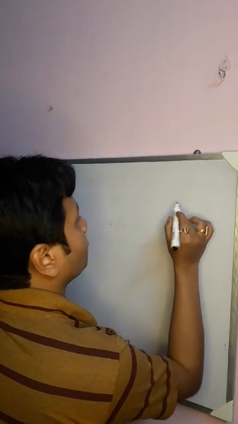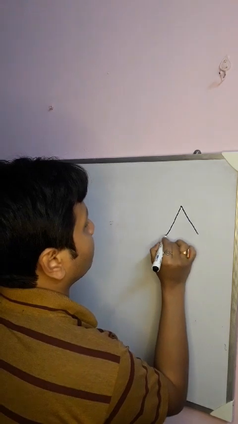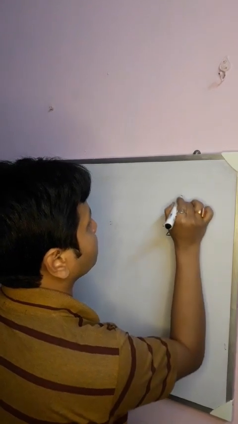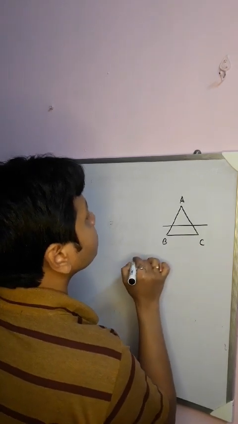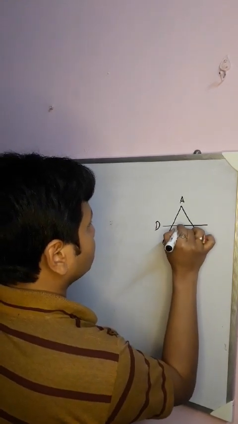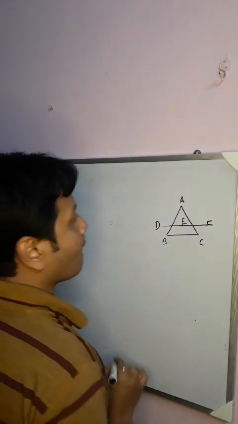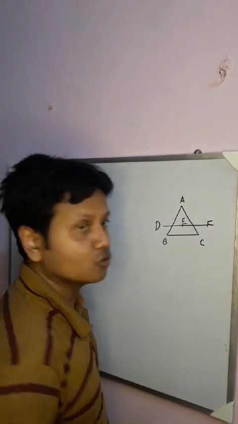Now another axis, that is about an axis passing through the center of gravity and parallel to one side. Say this is DEF. Okay, about an axis passing through the center of gravity and parallel to one side.